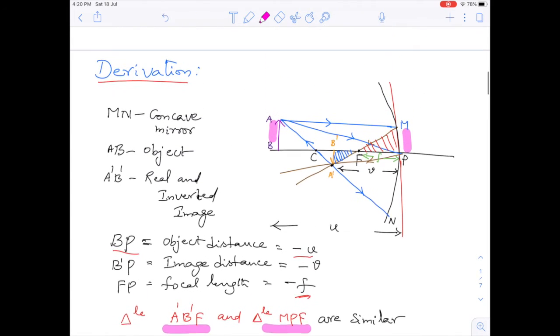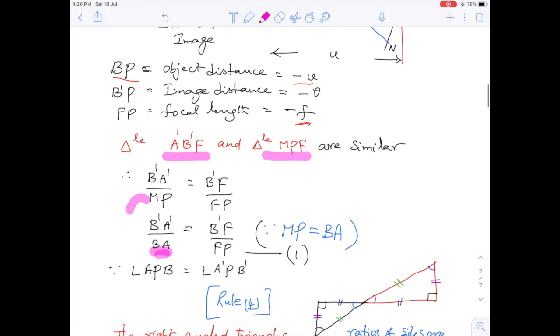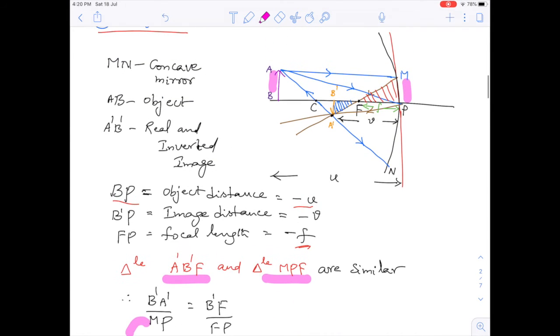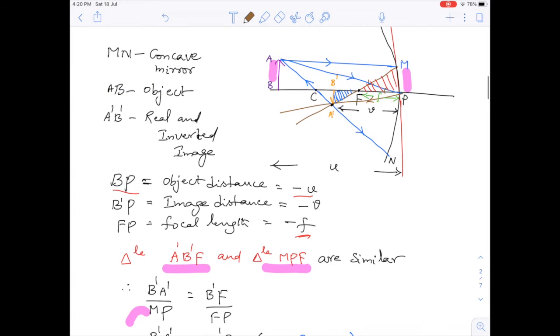Then look at these triangles. Angle APB and angle A dash PB dash, these two angles are the same.